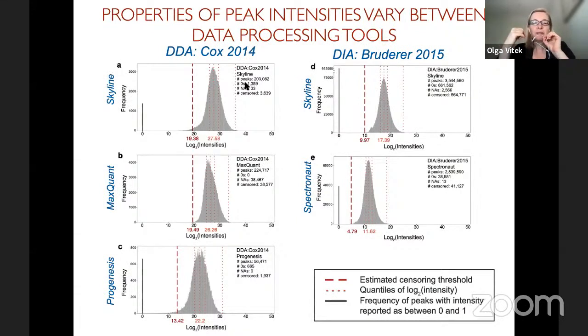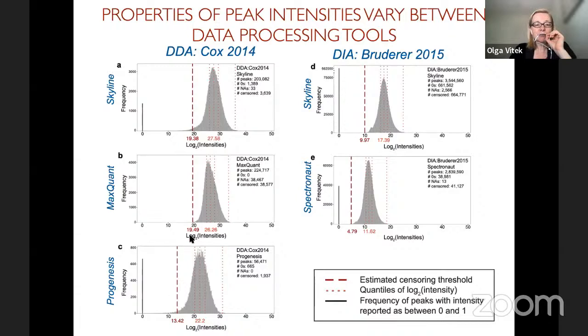But if we want to make sure that our statistical conclusions are not that dependent on these choices, we need to read between the lines and understand what was the intention by the tool and try to summarize things as statistically appropriate as possible. So what we decided to do back then is to essentially not pay attention to zeros versus NAs versus low values.